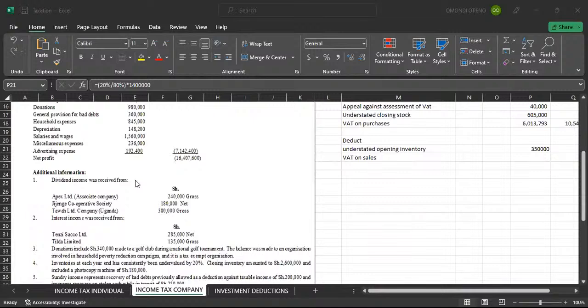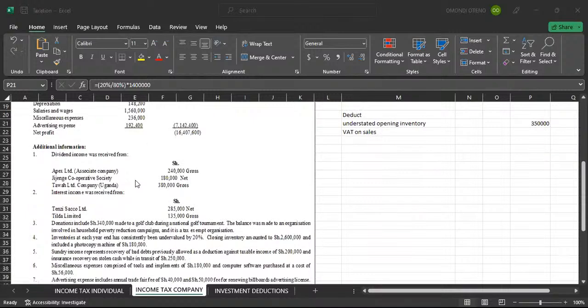Okay, somebody is saying that the note which tells us that the closing inventory is undervalued is not visible in this question. Can someone assist SIP on the information telling us that the inventories at each year end was being undervalued by 20%?